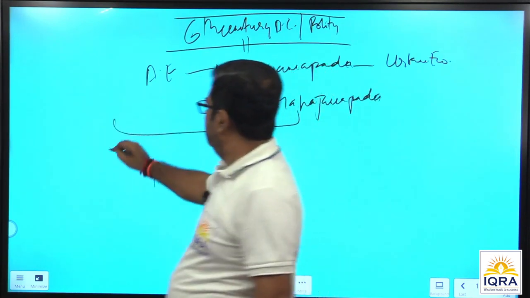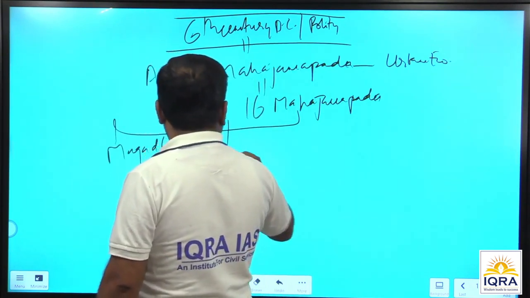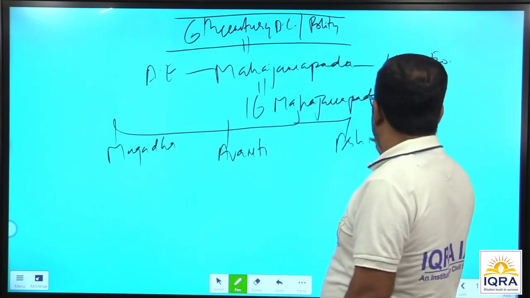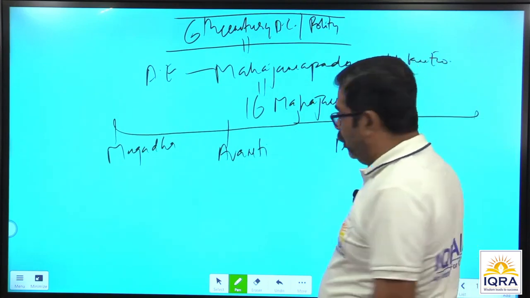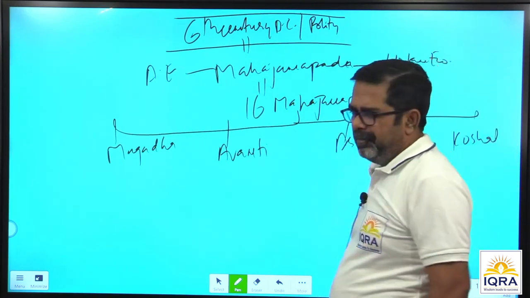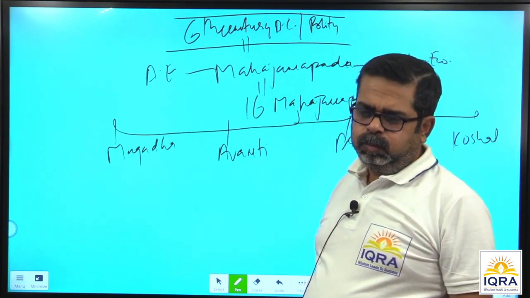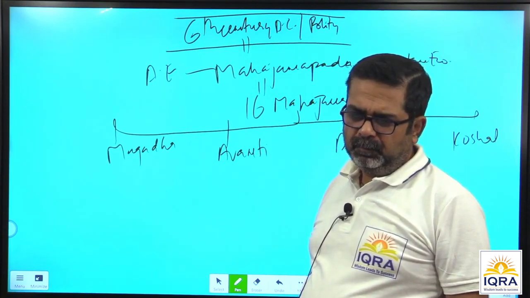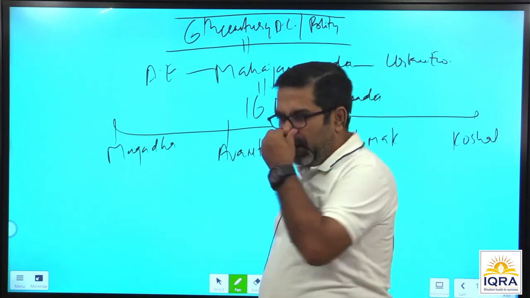Magadh, which later on becomes empire. Avanti, Ashmak, Koshal. Ashmak, Deccan. Mahajanpad.